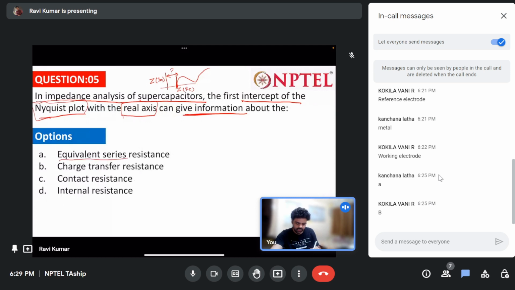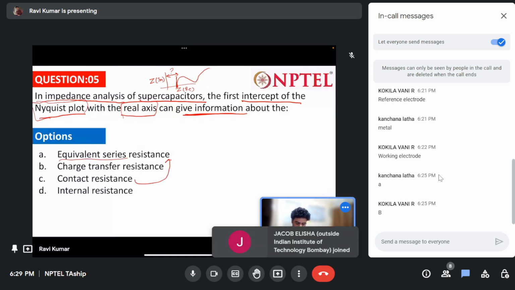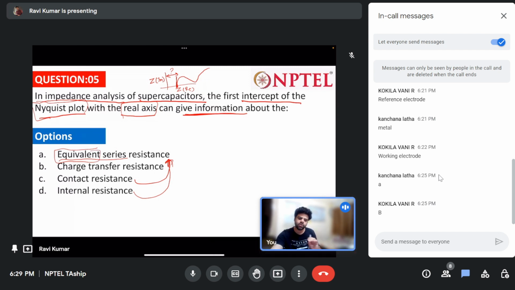So contact resistance is already included, internal resistance is already included, because equivalent means total, everything is included. So what options are left? Just A and B. From A and B, if you don't know, then guess. Let's see your luck.